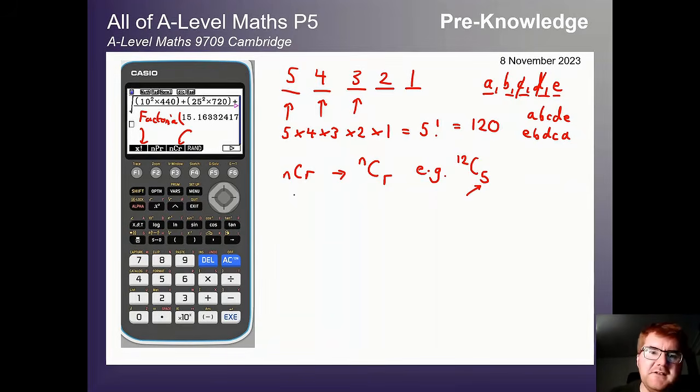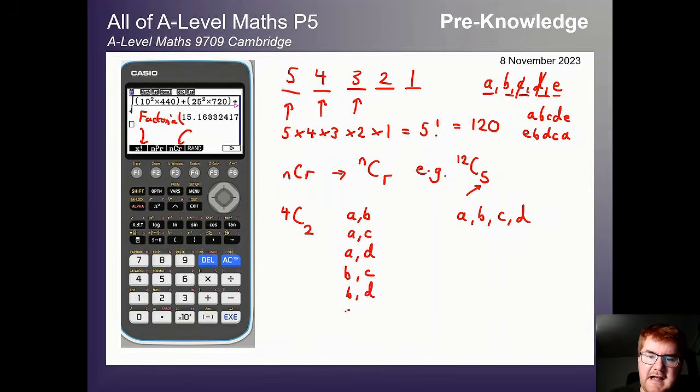Now, if I do an example here, if I do 4 choose 2, for example, so say I've got the objects A, B, C, and D, how many pairs can I make out of A, B, C, D? Well, I can make AB, AC, AD, BC, BD, and CD.